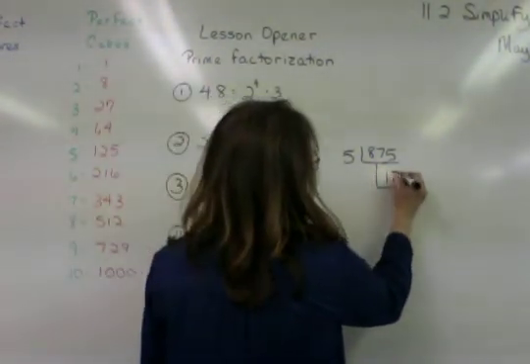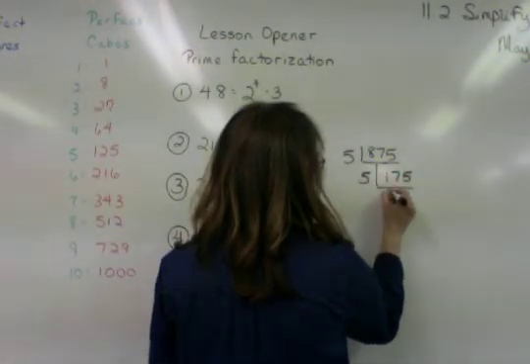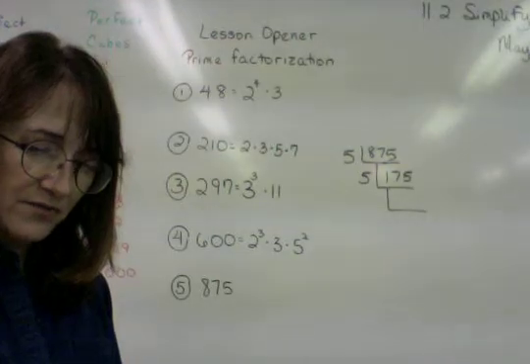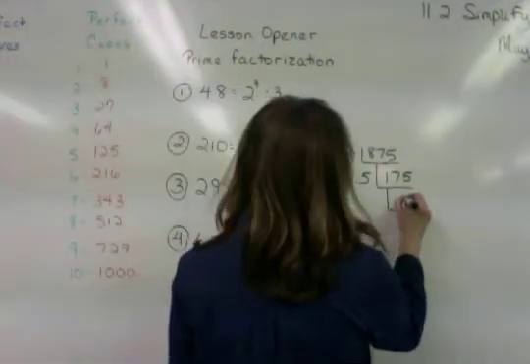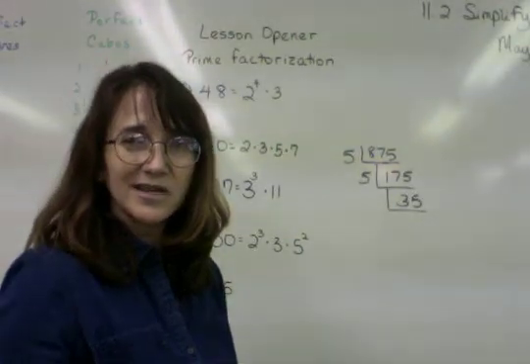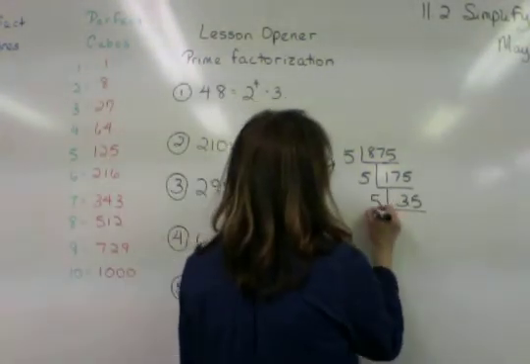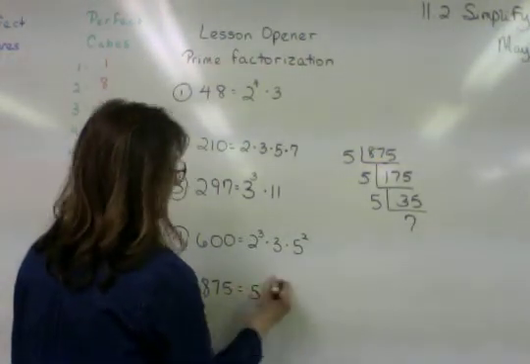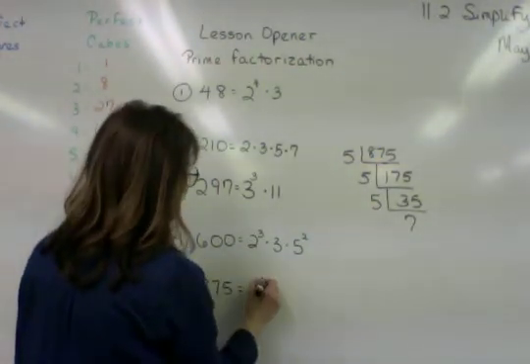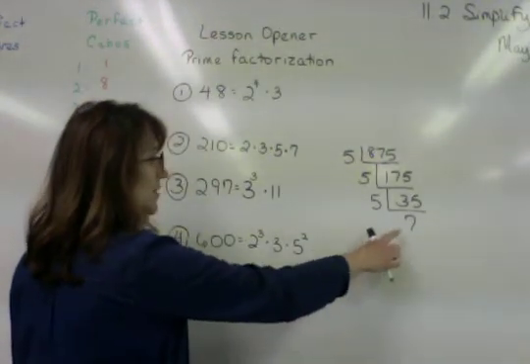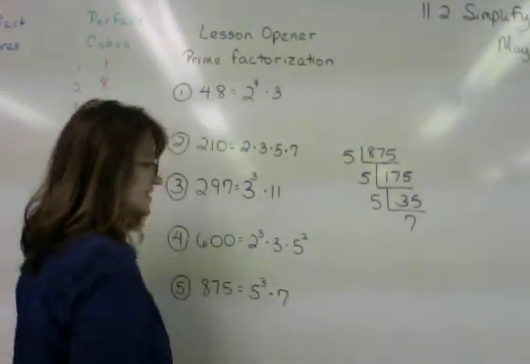That's 175, which is divisible by 5 because it ends in 5, right? So divide that by 5. That's going to be 35, which is divisible by 5. I don't have to do the calculator for this one. So that's going to be 7. How many 5's do I have? 1, 2, 3. So I'm going to use an exponent of 3. And now I'm going to multiply that by 7.